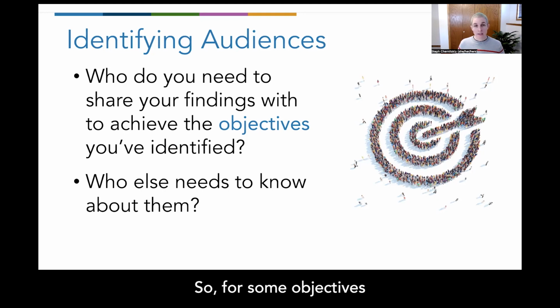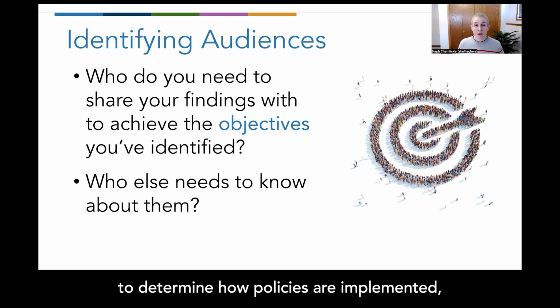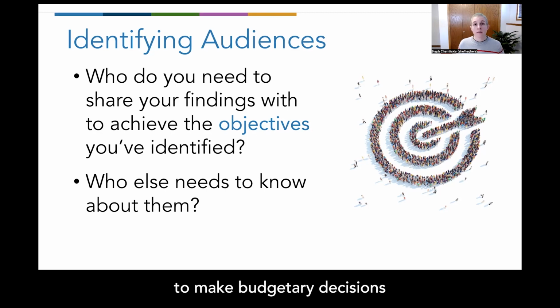So for some objectives, we can imagine that there are individuals or groups of individuals that hold positions of power that can make decisions about whether or not your objectives are achieved. So these may be individuals or groups of individuals that have the power to set policy, to determine how policies are implemented, to make budgetary decisions about whether programs are funded or not, or they could be able to set practices or procedures.